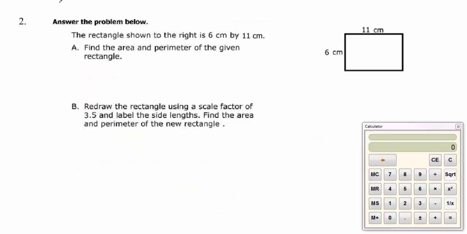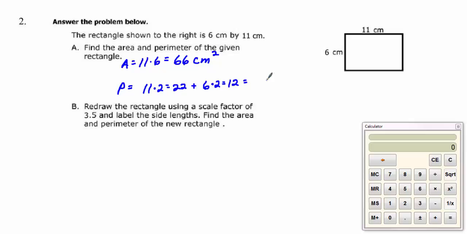Let's go ahead and finish this out. So first, our area. We have the 11 times 6. We have 66 centimeters squared. Again, area always squared units. And for our perimeter, we have the side that's 11 twice. That's 22. Plus the side that is 6 twice. That's 12.